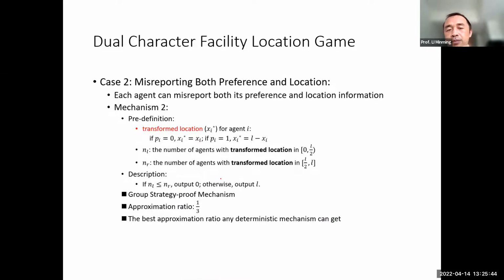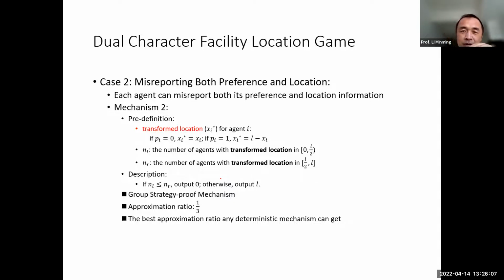And then if you can misreport both preference and location, we do a very interesting mapping between our model and the obnoxious model. Remember that now we have a mix: some people like it, some people don't like it, so the participants' profile is mixed. That's not good, so we are doing a mapping.